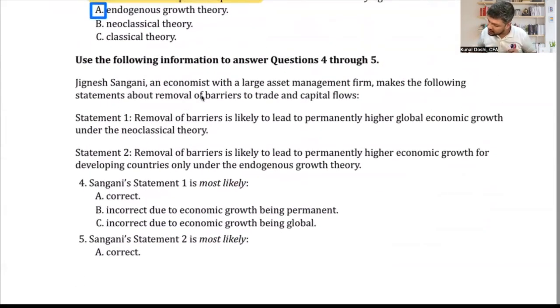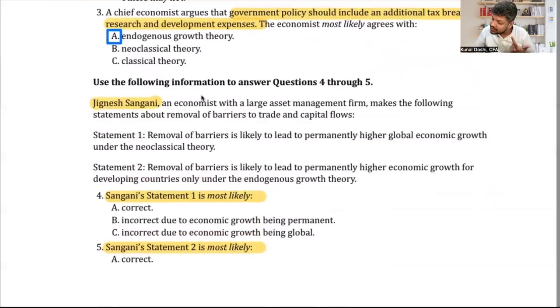Okay, next they are giving Sangani statement number 1 and statement number 2, and we have to see whether they are correct or incorrect. Jignesh Sangani, okay, seems like a guy from my neighborhood, is an economist with a large asset management firm, and makes the following statements about the removal of barriers to trade and capital. First, we are going to talk about statement number 1.